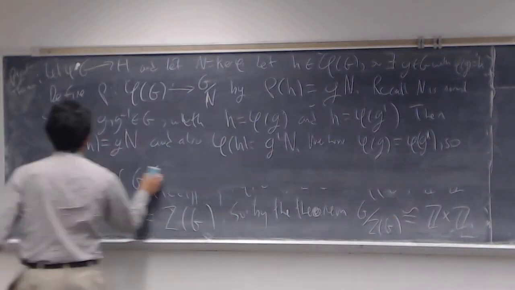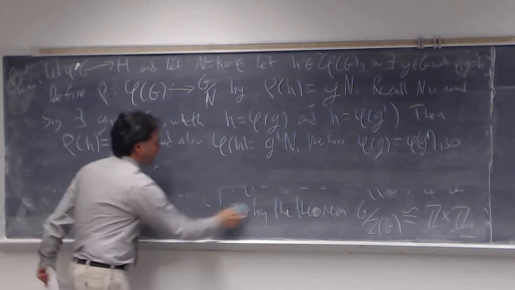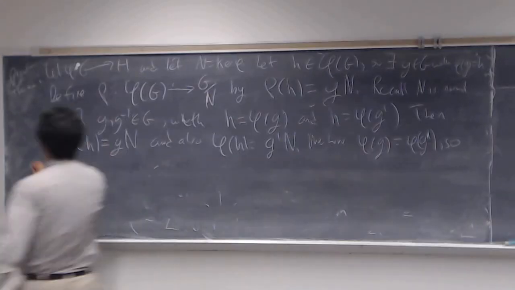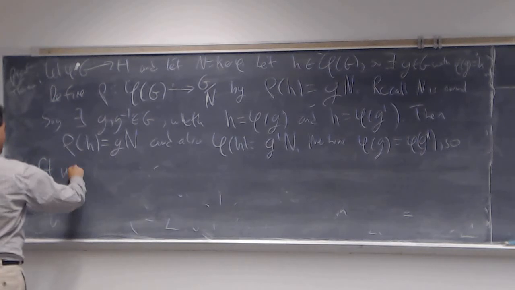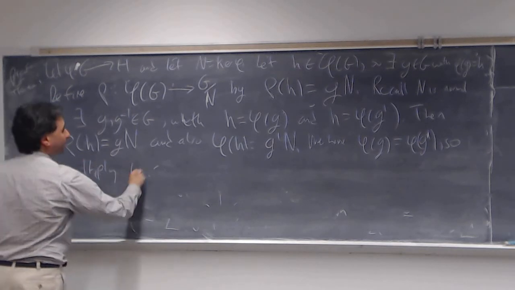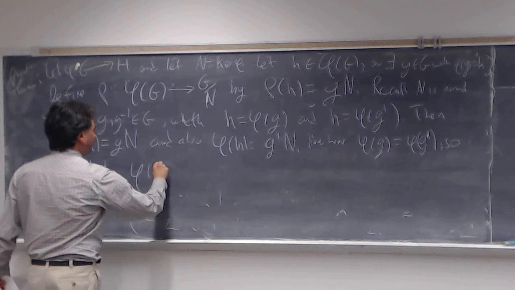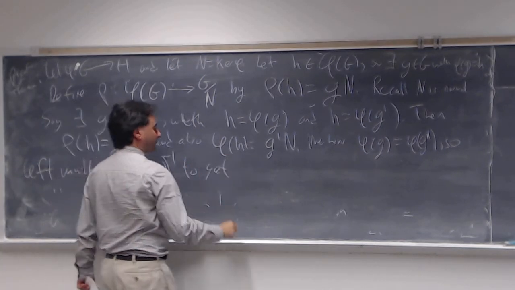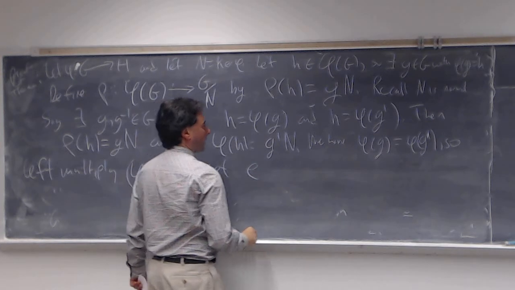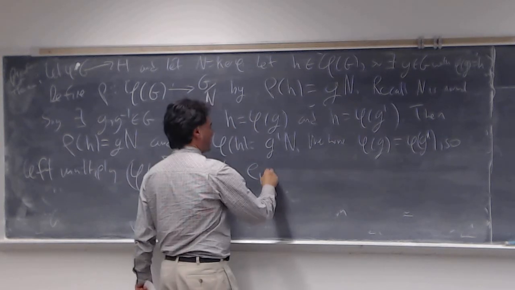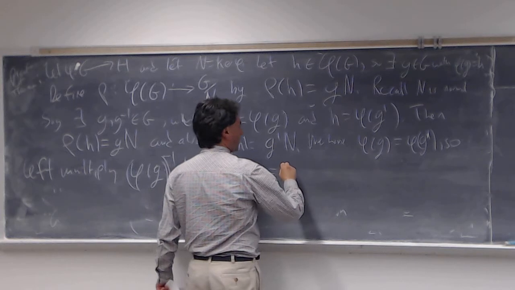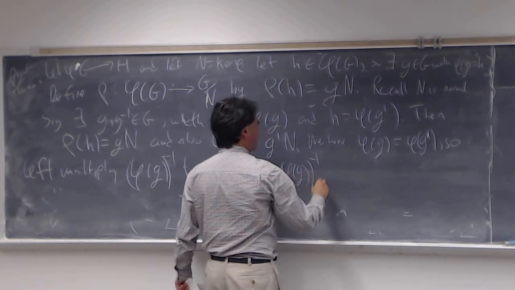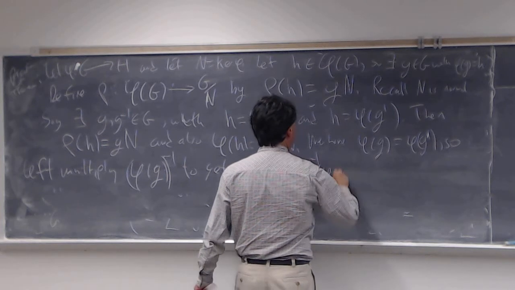If we multiply on the left by, not phi of g prime, but say phi of g inverse, to get that e sub h is equal to phi of g inverse times phi of g prime.